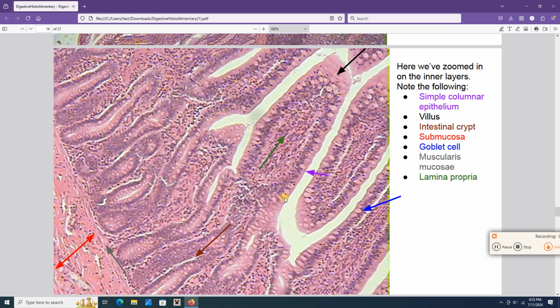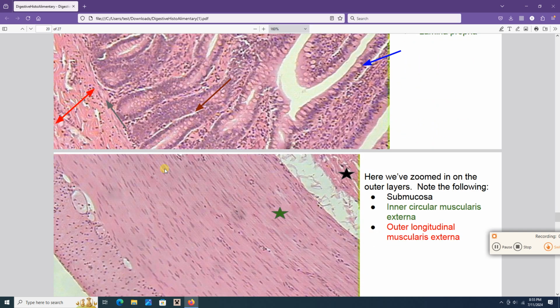Look at that. Simple columnar epithelium, little oval sort of clear cells are my goblet cells. Got a little lamina propria in here. Got my muscularis mucosae here, and if I find it, I can also find nearby my intestinal crypts. Then I got my submucosa down here.